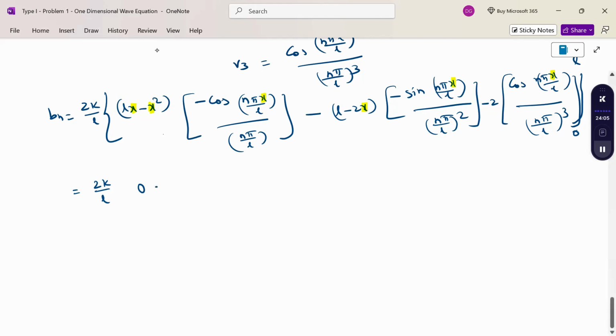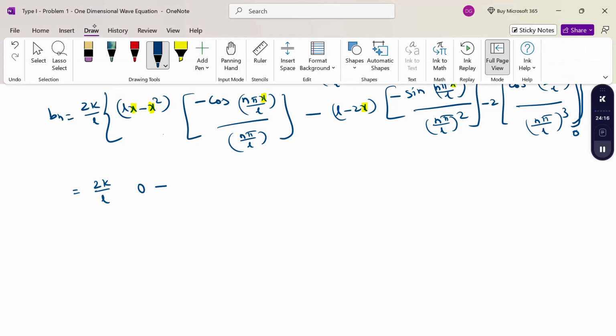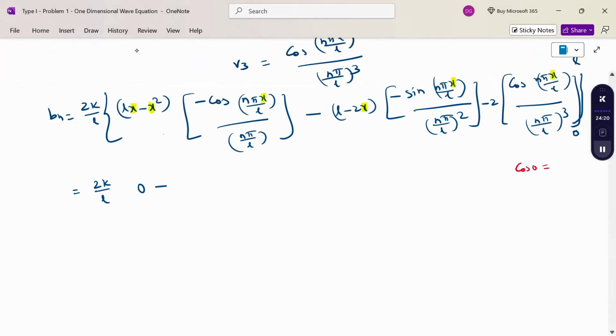Then for the next term the L cancels, and we have cos 0 is 1, sin 0 is 0, sin n pi is 0, cos n pi is minus 1 power n. These are our values.